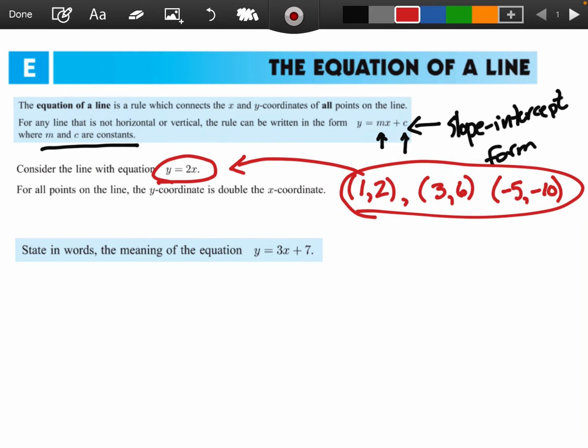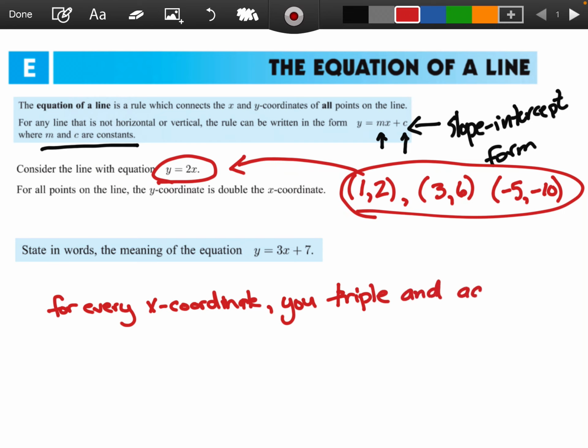What that means is for every x coordinate, you would triple and add 7 to get the y coordinate. You can probably write that in a much clearer, straightforward, slightly different way even than what I've written it here.